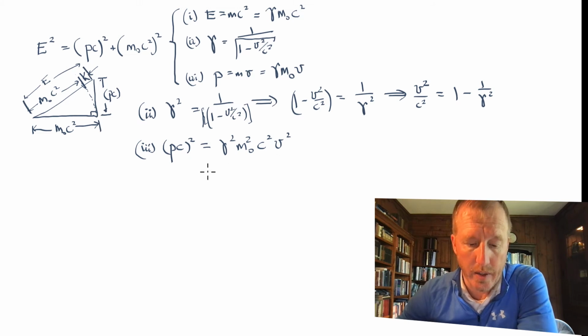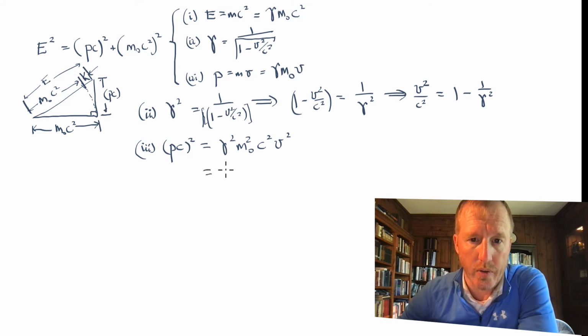And then with this formula, we're going to multiply the top and bottom by c squared. You'll see why I'm doing this in a moment. So we'll have gamma squared c to the 4th times m naught squared times v squared over c squared. But we already know v squared over c squared is 1 minus 1 over gamma squared. So there's just some algebra here.